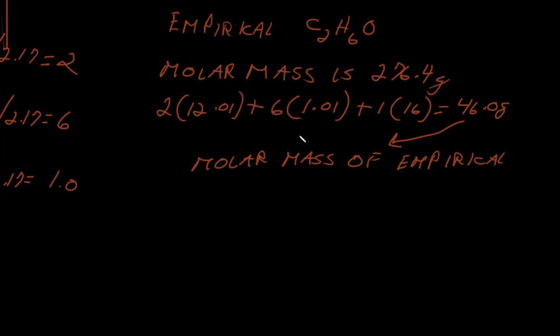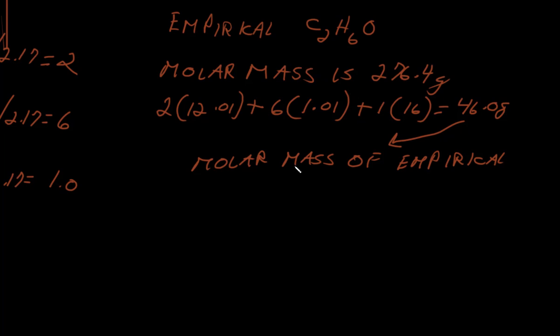So what we want to do at this point is take our molar mass, which was given of the actual compound, which is 276.4, and divide that by 46.08, and we can find what factor we need to multiply everything in the empirical formula by.